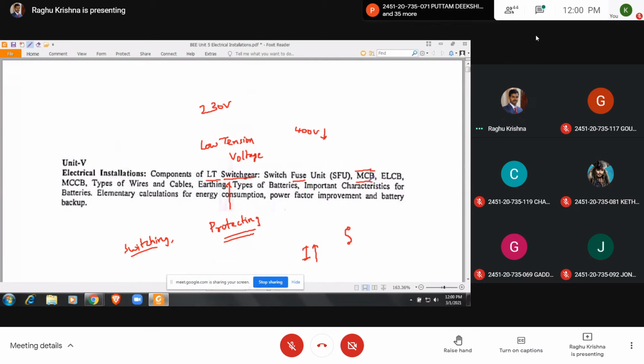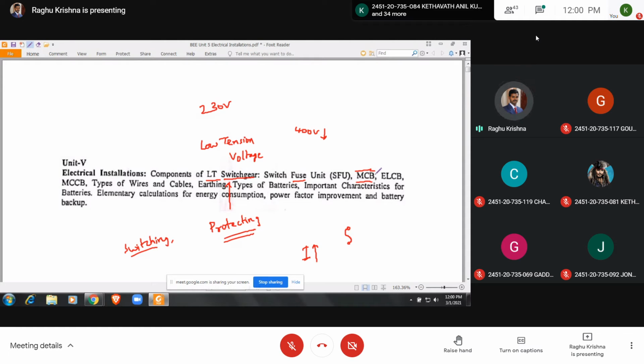So for replacing the fuse wire, it will take some time. We have to open the switch, replace the fuse wire, and put the fuse back into its place. So it takes time. With an MCB, once the contacts open, we call it tripping off. Once the MCB trips, we can remove the load and switch on the MCB again.